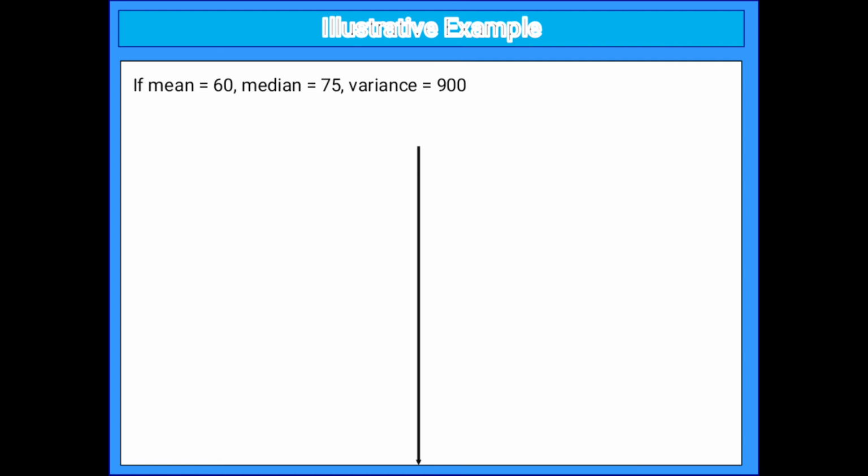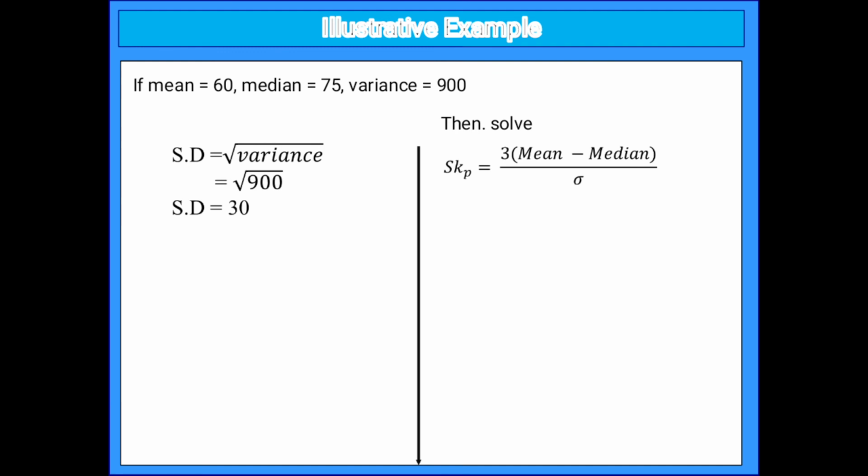Next, we have: the mean is 60, the median is 75, the variance is 900. As you can see, we have the value of the variance here. And the clue for getting the standard deviation is that you're just going to get the square root of the variance. So the square root of 900 is 30. Then solve for it again.